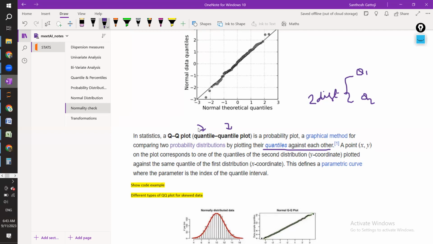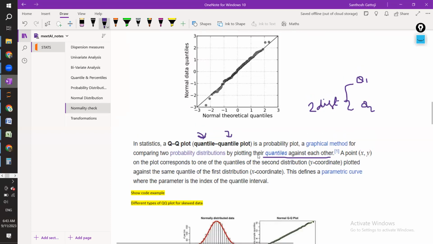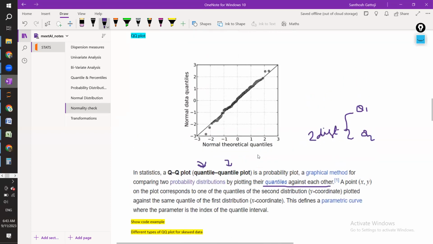The basic definition is just plotting the quantiles of two graphs against each other is a quantile plot. But how you can use this to find out normality is interesting. So when I said you can just plot two graphs, fine.